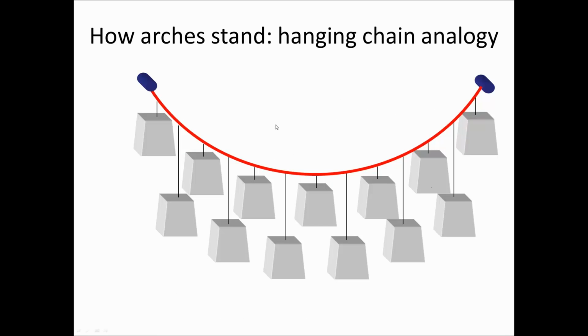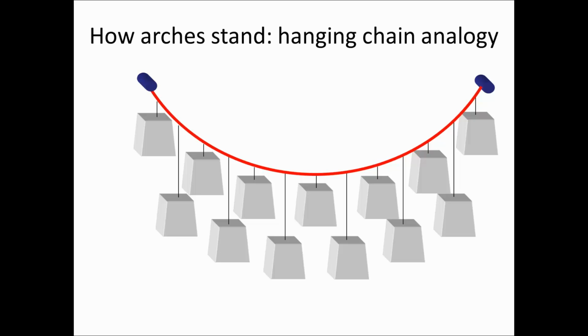The slide I've often shown in webinars as a kind of initial dive into the theory of masonry arches is this one. It's basically using Robert Hooke's hanging chain analogy, and I'll explain in a few minutes why it's relevant to a particular topic for today.